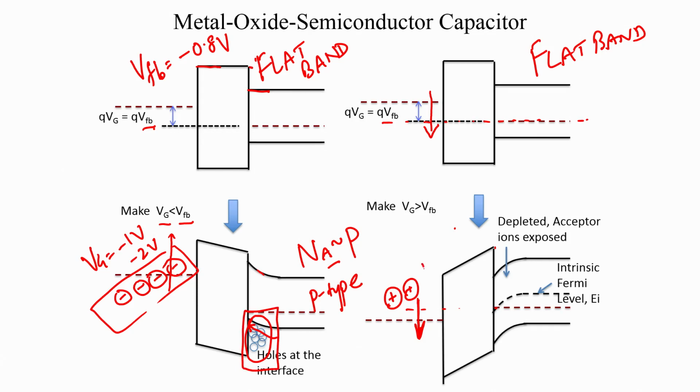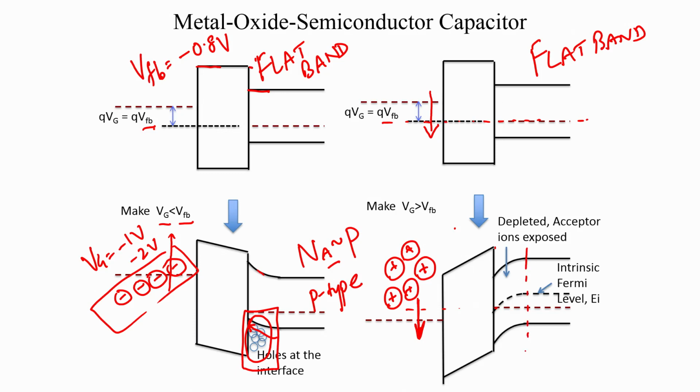But now, by making Vg greater than Vfp, we have started adding positive charge on the gate. So, how is this positive charge in the gate balanced? This positive charge in the gate is balanced by two mechanisms. The first is that the semiconductor starts getting depleted near the semiconductor insulator interface.